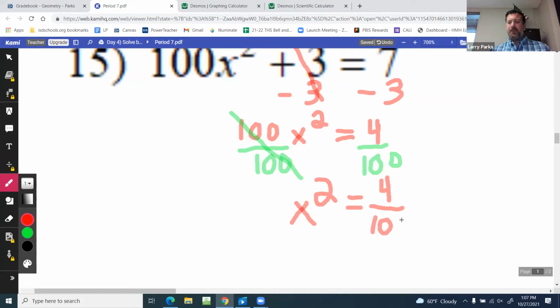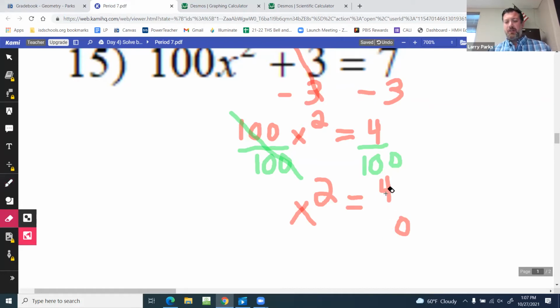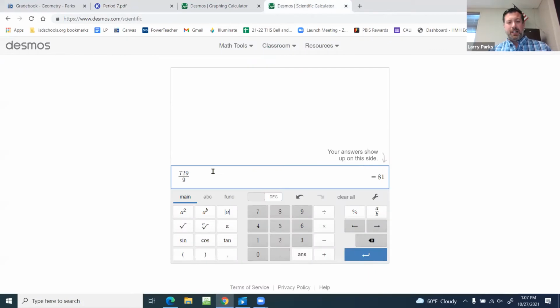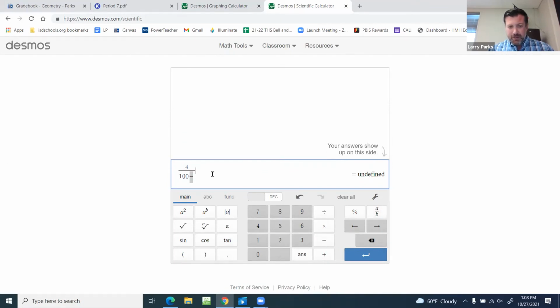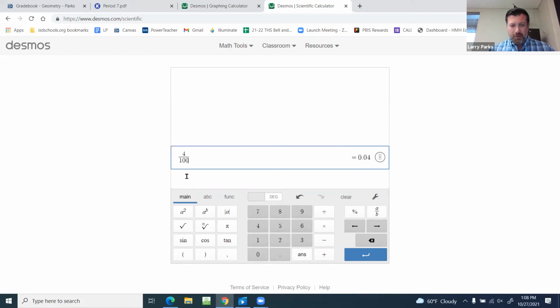But normally you would reduce that. Actually, I take that back, we should simplify that. 4 out of 100. I can't remember if they have a fraction button.